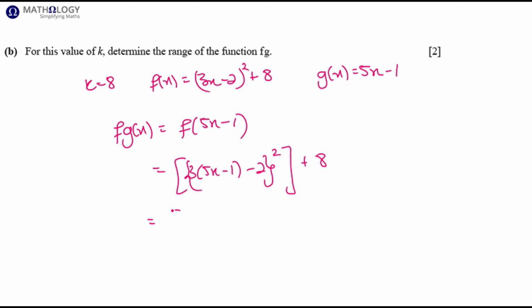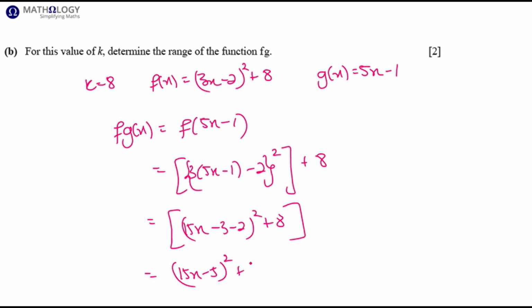So that'll be 15x minus 3 minus 2 all squared plus 8. So that's (15x minus 5) all squared plus 8. Now the range of this function will be indicated by the constant. So the range will be f of g is greater than or equal to 8.